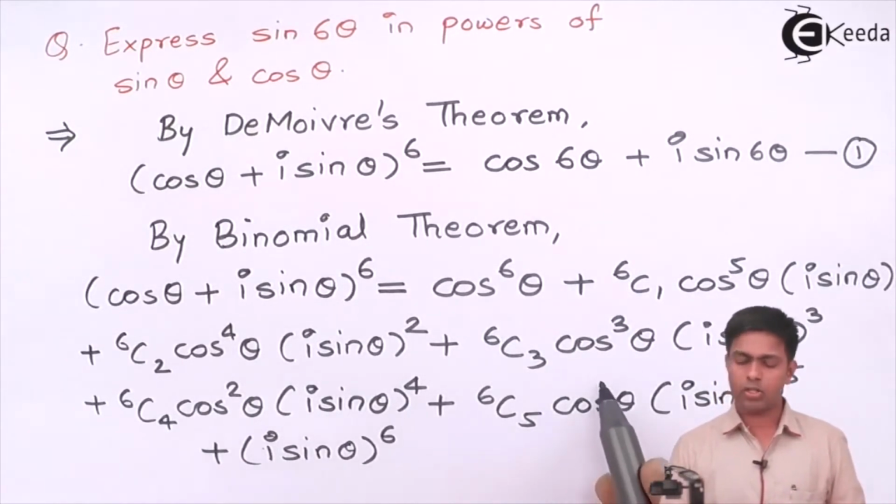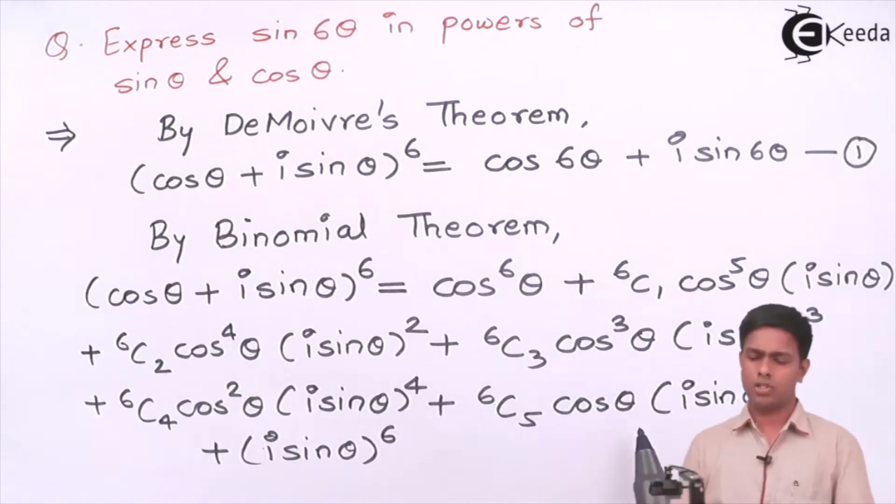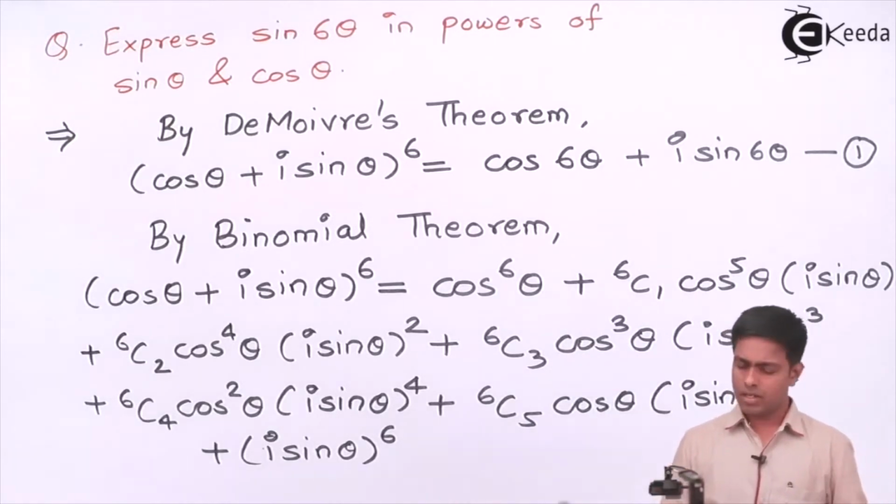This will become cos raised to 0 theta, which is 1. So we don't have to write these terms. So I'm just writing (i sin theta) raised to 6.